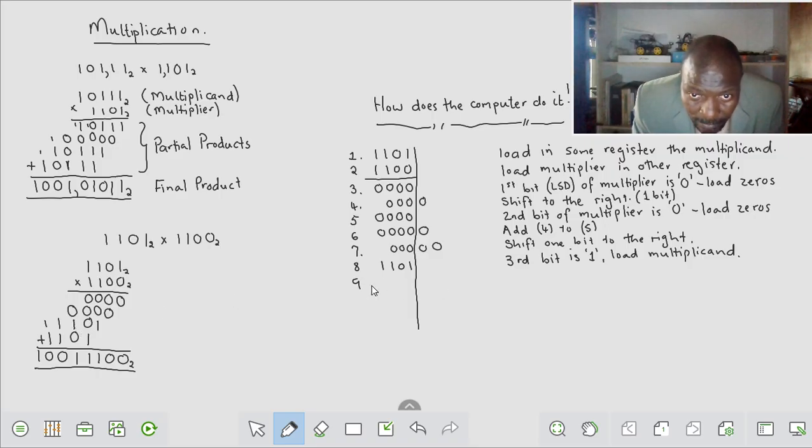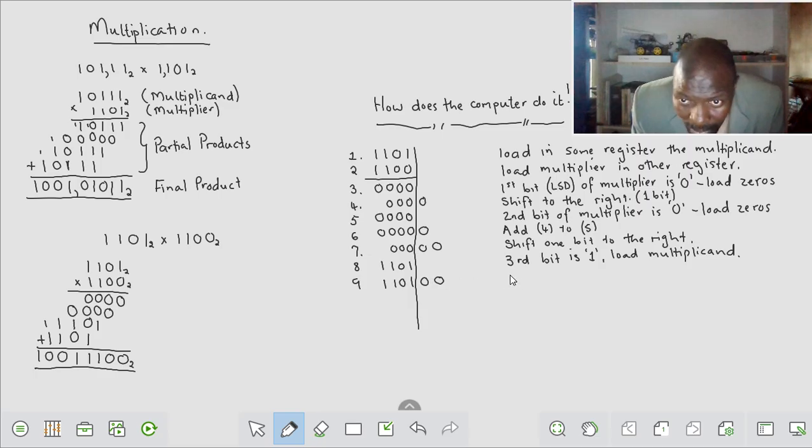Step 9, you are going to add 1 plus nothing, 1, 1 plus 0, 1, 0 plus 0, 0, 1 plus 0, 0. Remember adding 7 and 8 and 0.